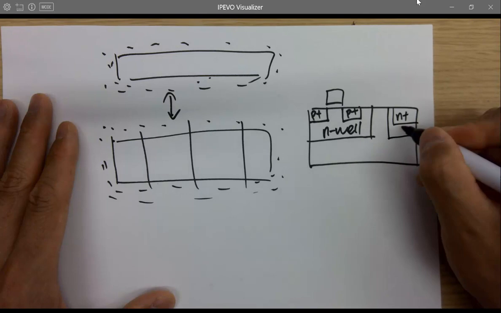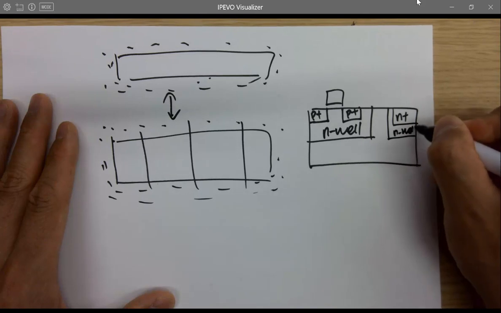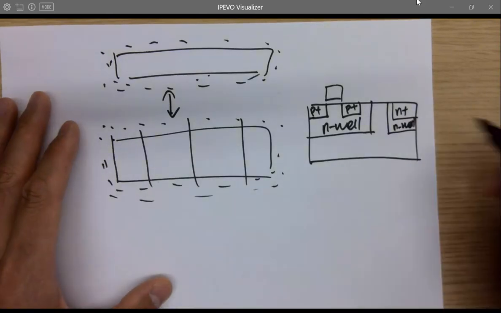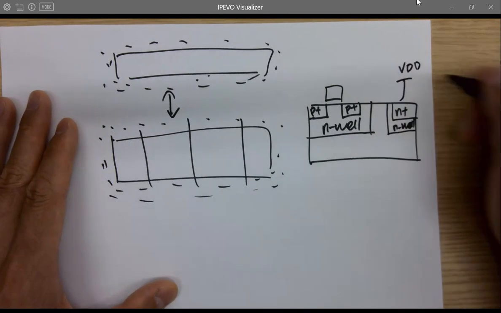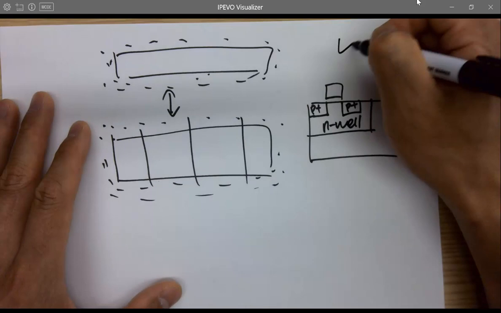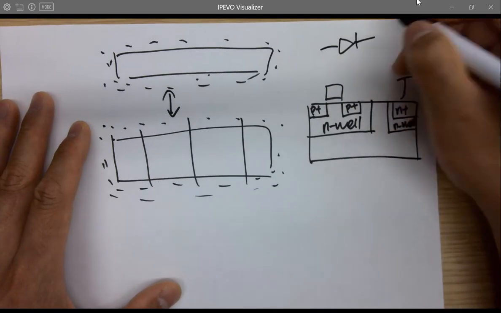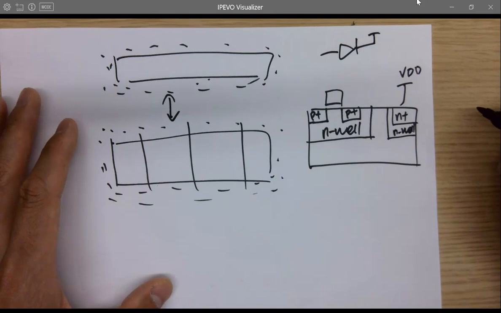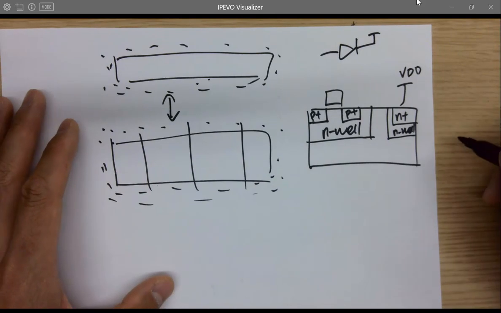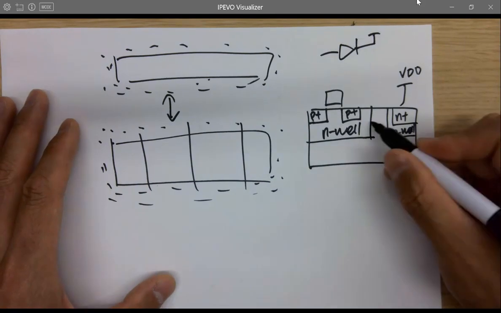That's the N-tap. It's also in the N-well by design. So there's a gap. So you are shorting this to VDD. You are thinking that you connect the N of the PN junction to the highest potential, so it's not getting forward biased. Okay, is that happening? No, because the N-wells are two separate wells.